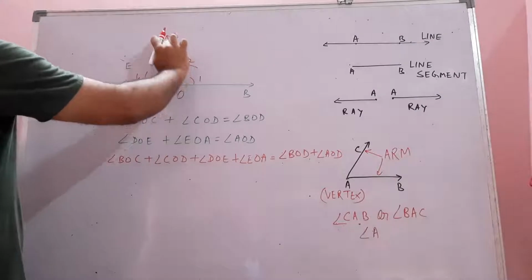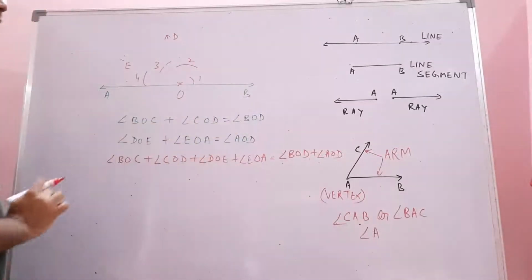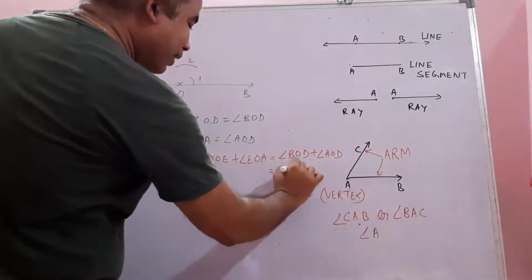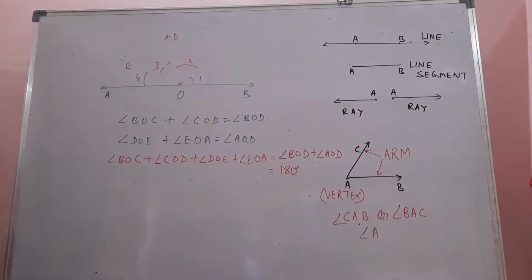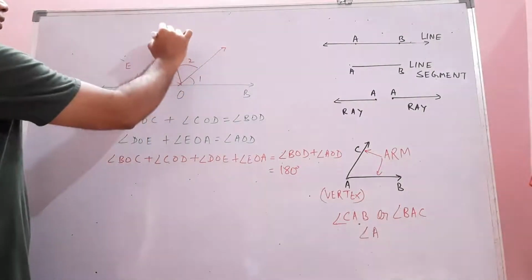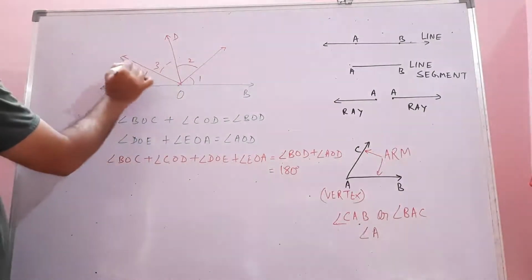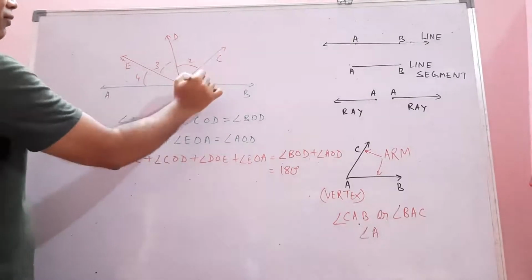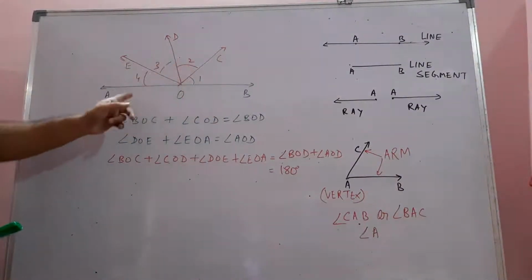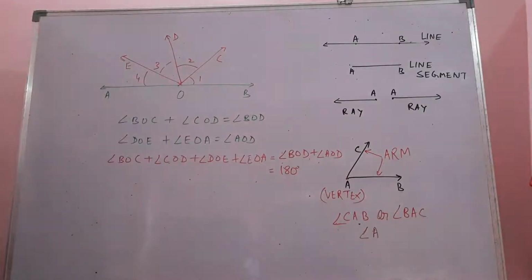Again, you remove their common arm, you get the straight line AB. What is the value of the straight line AB? Straight line AB is 180 degrees. That means when these rays were standing on the line, four angles are formed, and the sum of these four angles is equal to 180 degrees.